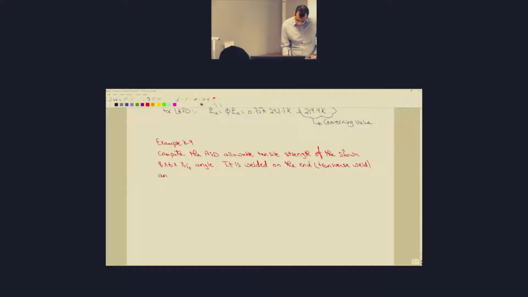And on the sides, so that's longitudinal weld, of the 8-inch leg. So it's only welded on the 8-inch leg.